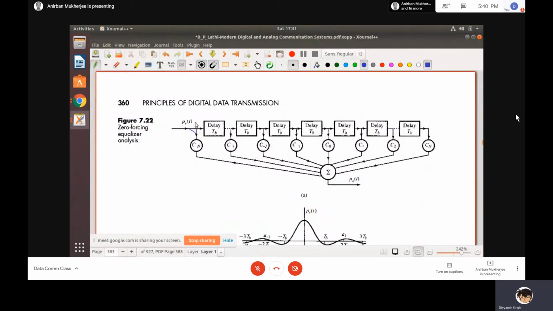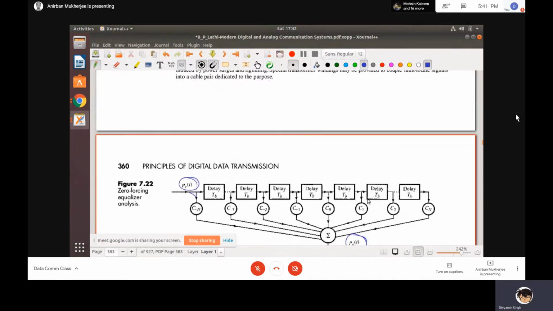I have an input pulse P_R(t), then delays, with coefficients C minus n, C minus 2, C minus 1, C0, C1, C2, C3, up to C7, and finally you are getting an output pulse P_K.